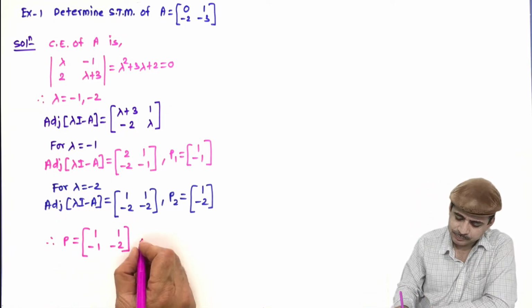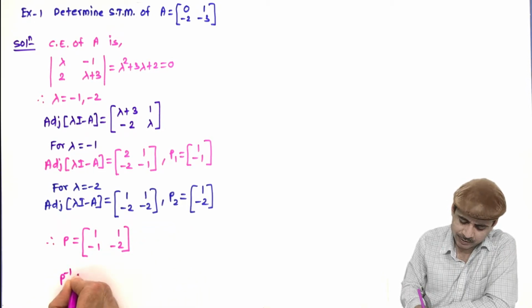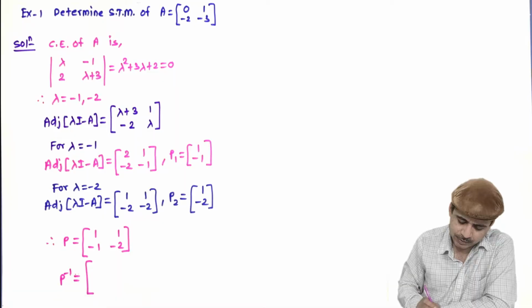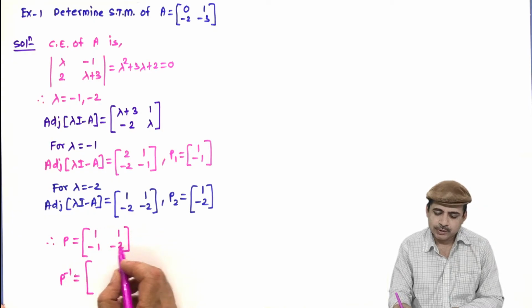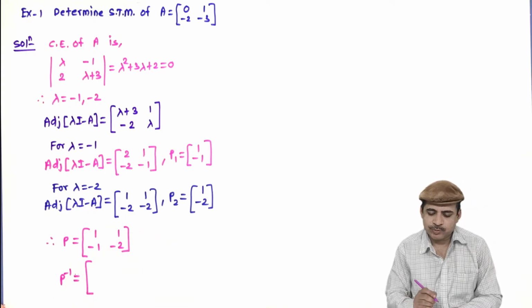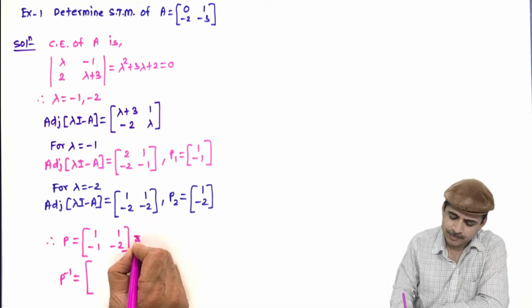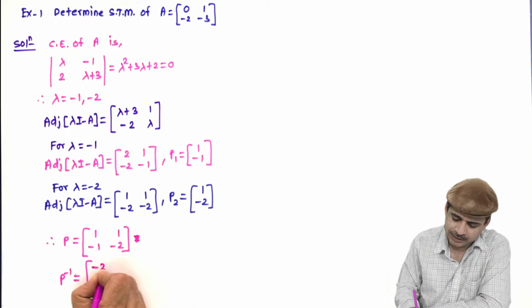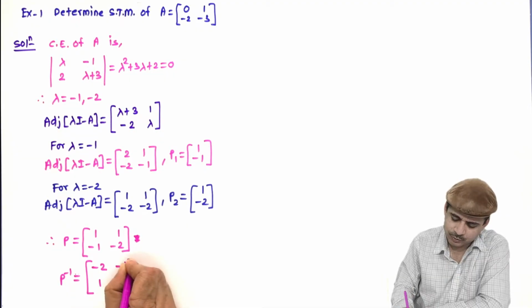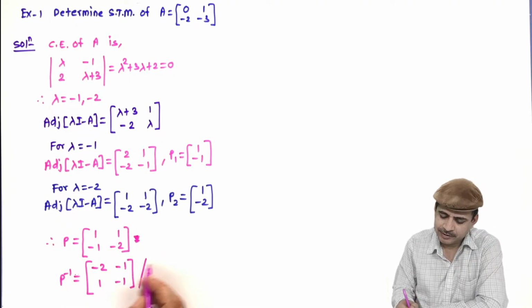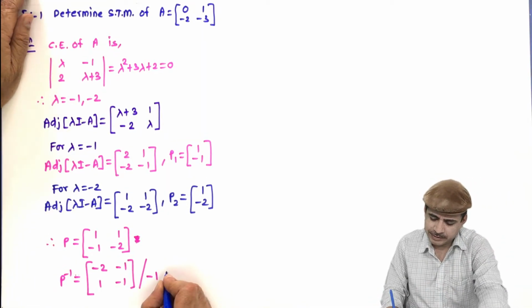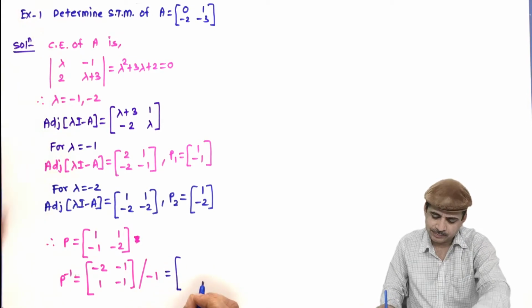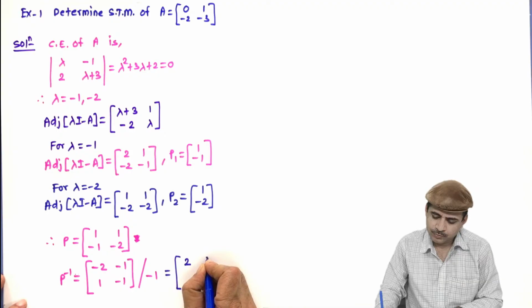P inverse will be equal to 1 over the determinant, which is minus 1, times [minus 2, minus 1; 1, 1], and that is equal to [2, 1; minus 1, minus 1].